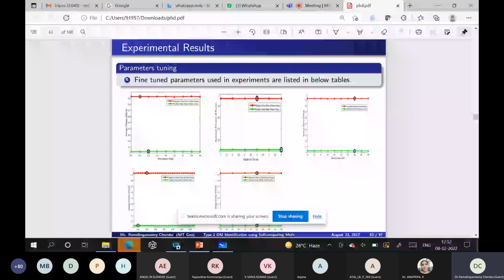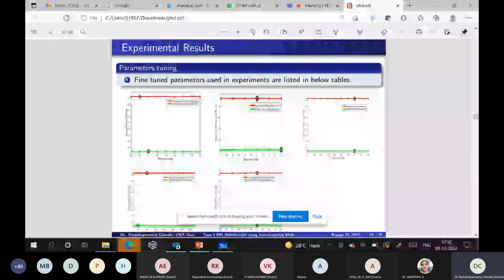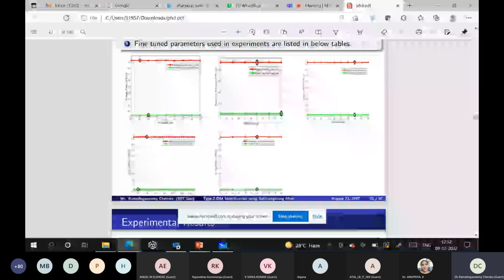Like this, these performance plots were drawn, and the value for which you obtain the maximum performance is taken as the optimal value for that hyperparameter. So there are five performance plots, corresponding to the fine tuning of the five parameters.